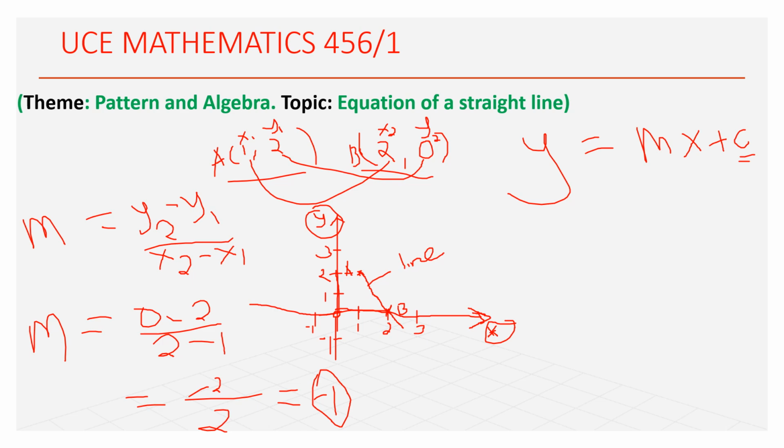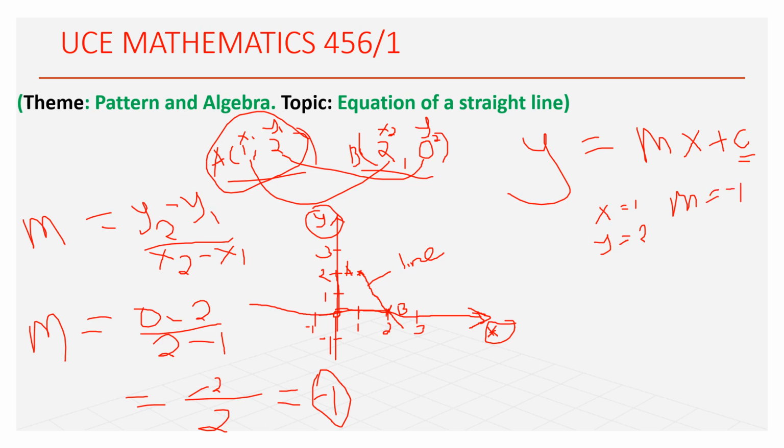So for this case, I can decide to pick point A. So point A, I have my x as 1, and then my y as 2. Remember, my gradient is already negative 1.